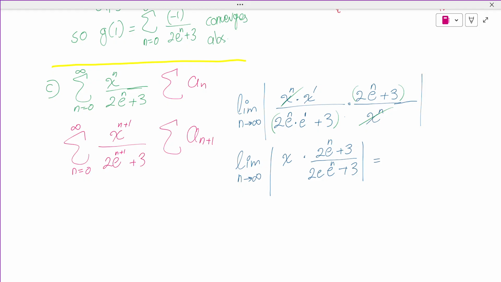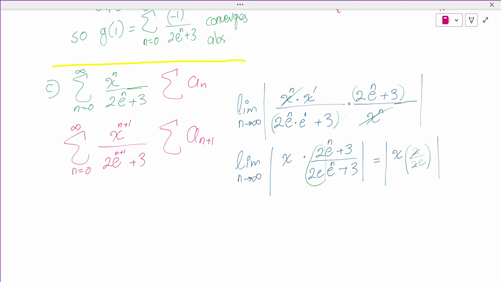We have an absolute value, right? x remains, right? Now, the highest term here is what? The e to the power of n, and here e to the power of n. So we need to look at the ratio of the coefficients, 2 over 2e, and this is going to be what?